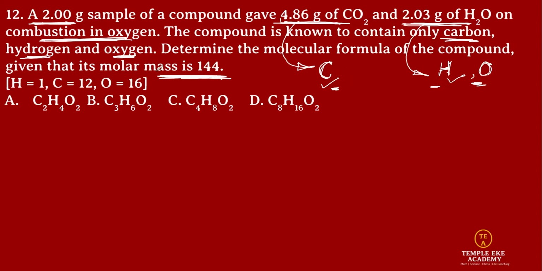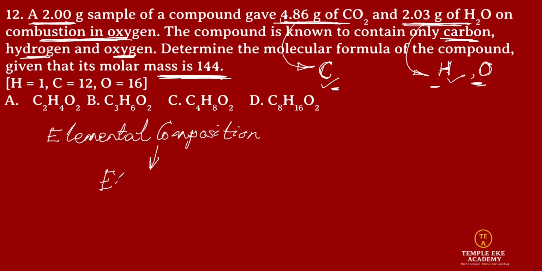So the flow chart of solution is to establish the elemental composition of the compound. The elemental composition, this means the amount of individual elements contained. From the elemental composition, we progress and obtain the empirical formula.